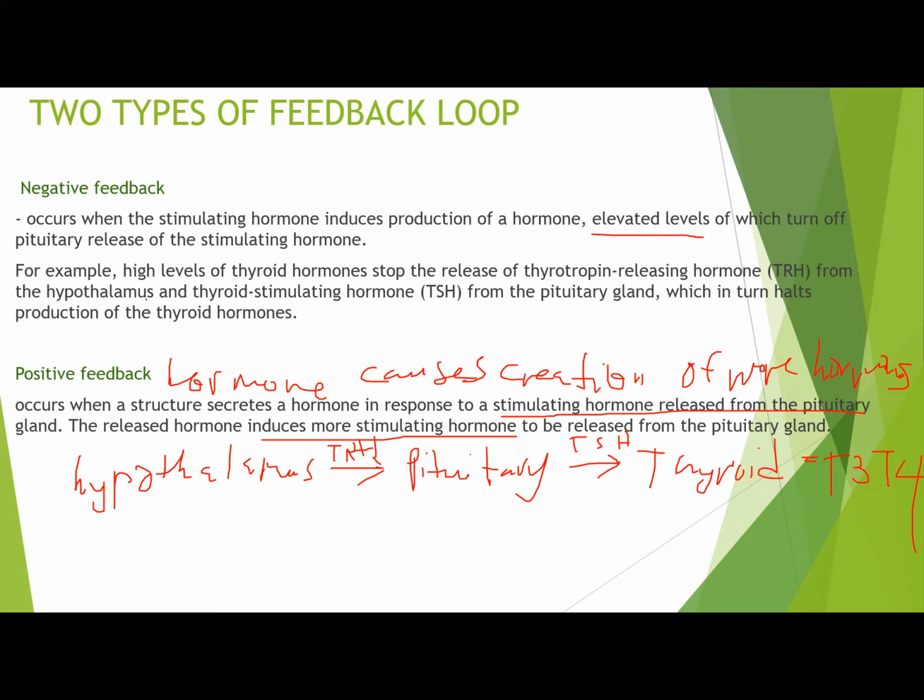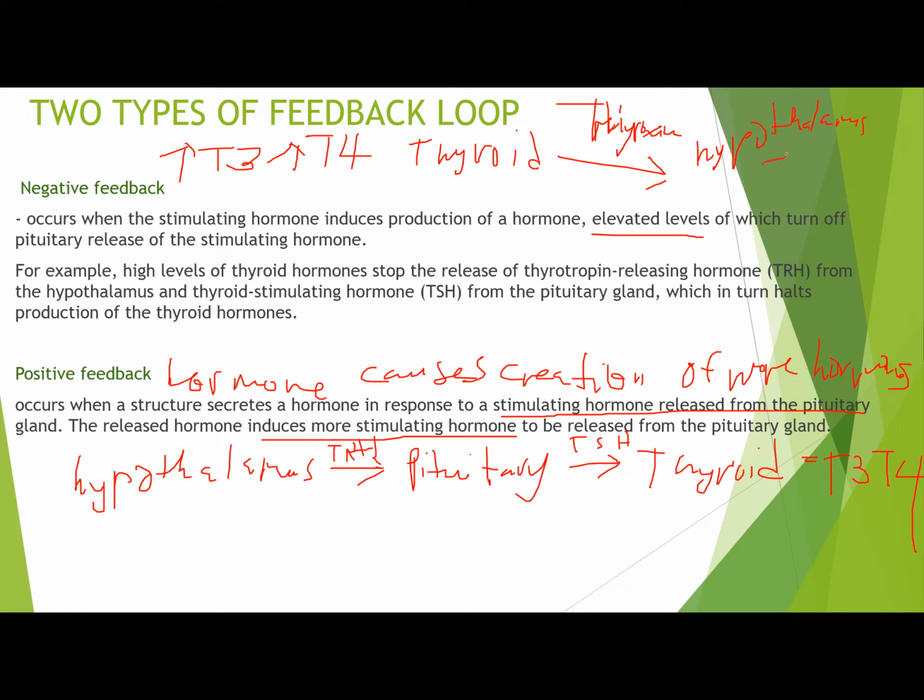Si thyroxine nyo ngayon class would act on the hypothalamus to stop TRH. Papastop niya yung TRH and the pituitary to stop TSH. So, opposite naman ng negative feedback class. Hormone causes the cessation of hormones. So, I hope that was clear.